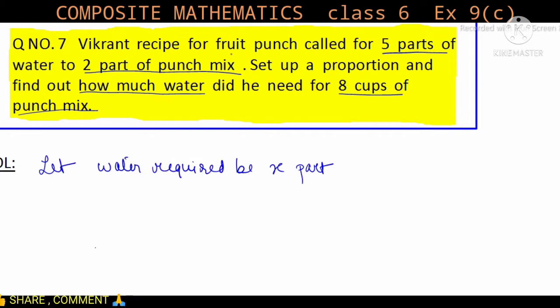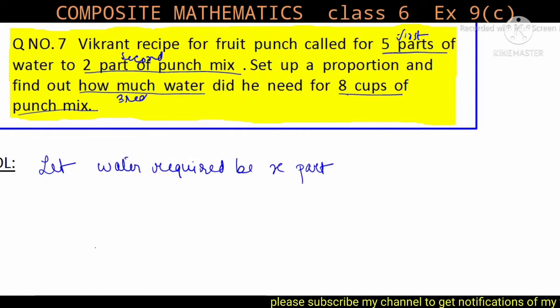Now, you see 5 parts of water and 2 parts of fruit punch, we will consider as first term and second term. Then how much water is required? Water will become the third part, and 8 cups of punch will become the fourth part.